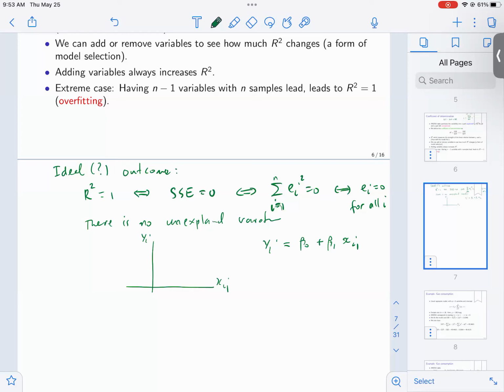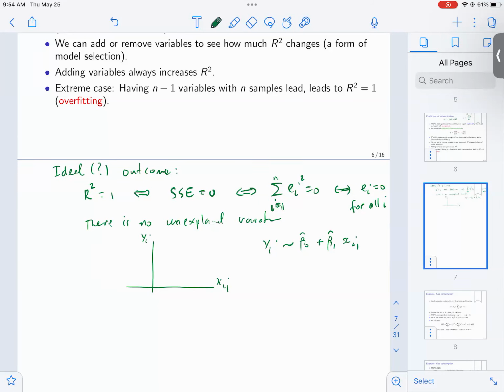So suppose I have something like that. I'm going to fit, and I get the estimated beta hat 0, beta hat 1.